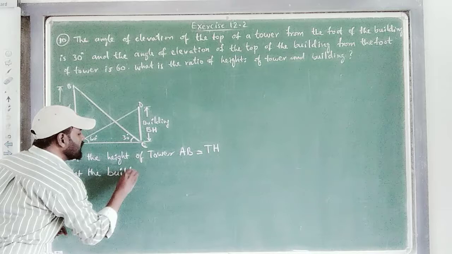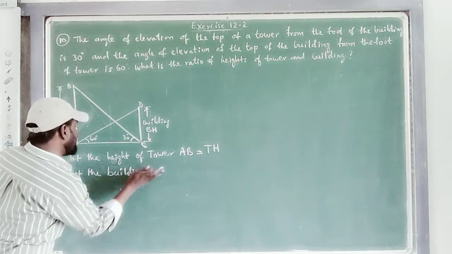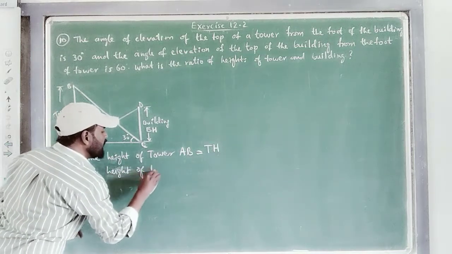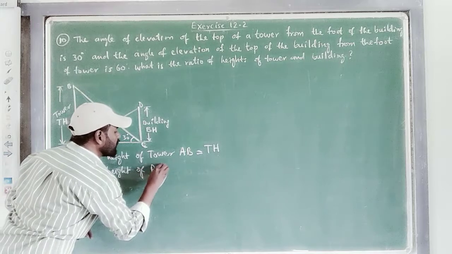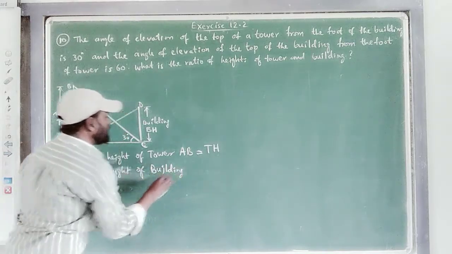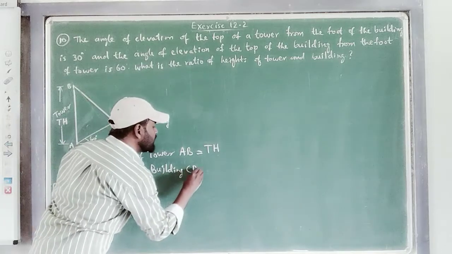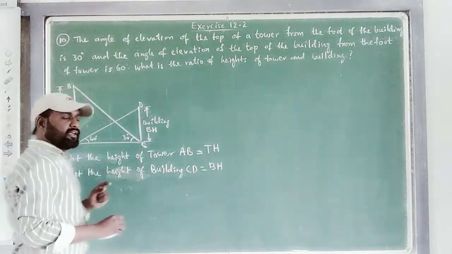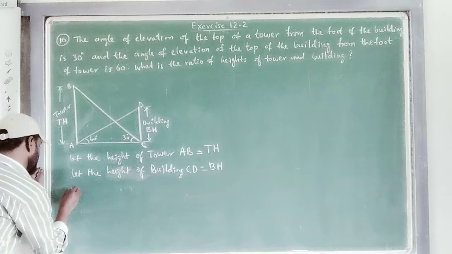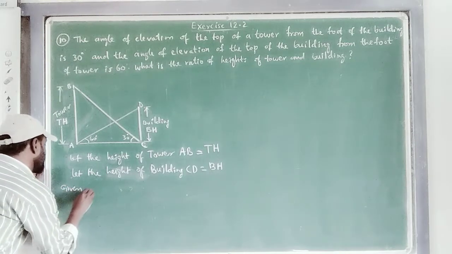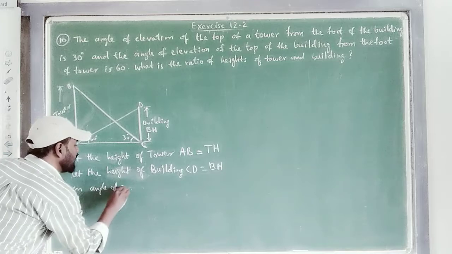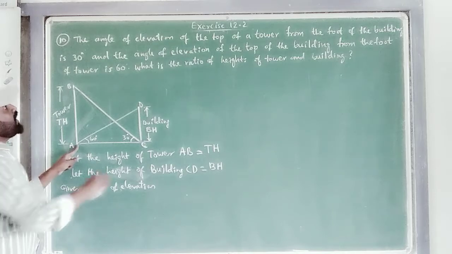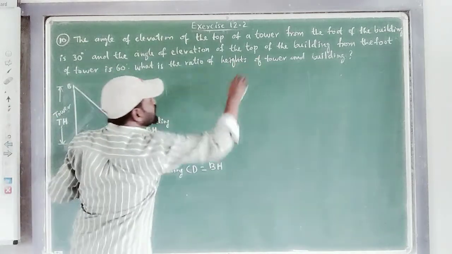Next, we have to find the building height also, no? So let the height of the building, which I named CD, be BH. This is building height. Tower height, building height. Now the angle of elevation: the angle of elevation of the top of the tower from the foot of the building.